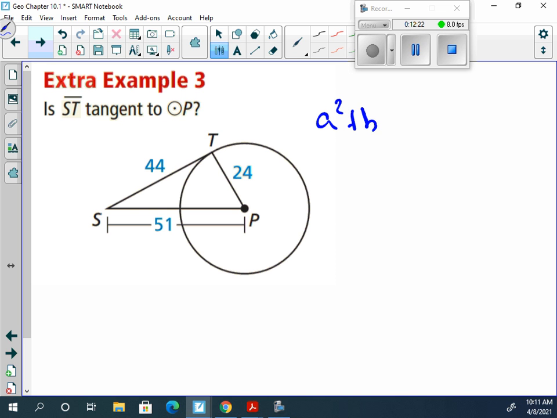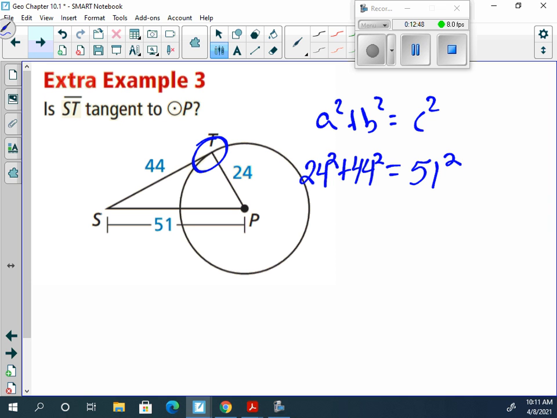A squared plus b squared equals, so what would a and b be for this here? 24 and 44, because we want angle T to be where the right angle is, which makes 51 the hypotenuse. What else do we know about the hypotenuse? The hypotenuse is always the longest side.